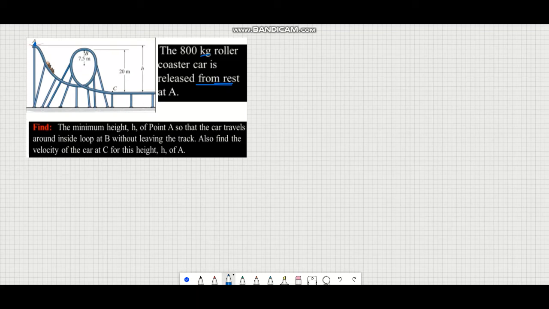At C, it's asking the velocity. What is the velocity? And it wants the minimum height in order to complete this track from B.